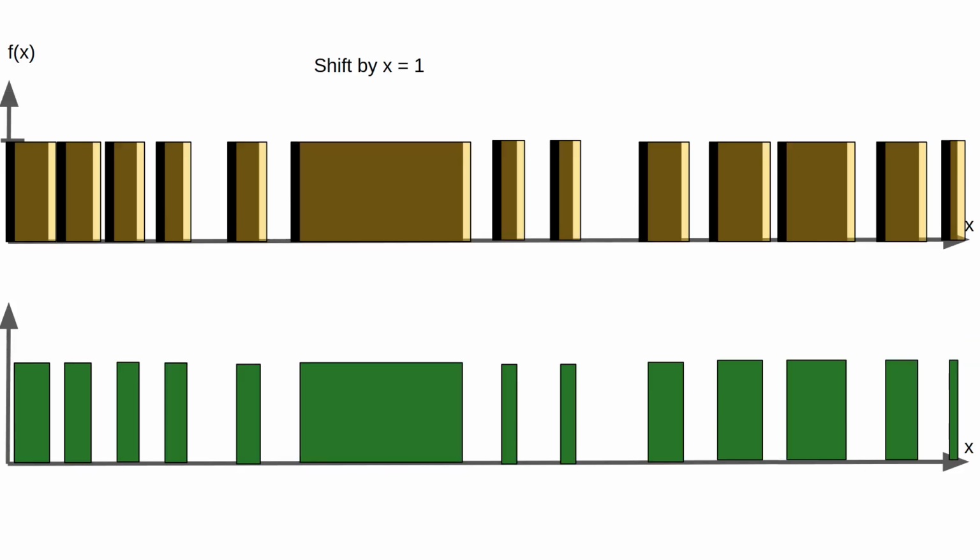There's quite a lot to take in on this slide, but on the top row, I've shifted the original black function by 1 unit, and I've turned it orange. There's quite a lot of overlap. Most of the bars of the barcode almost completely overlap with the orange function because I've only shifted it by 1.